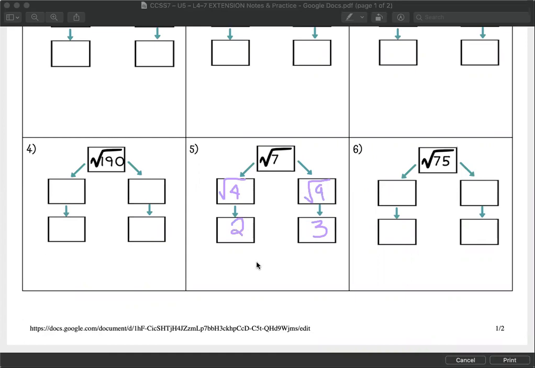So we know that our whole number value is 2. The halfway point between 4 and 9 is 6.5. So 7 is just slightly more than that, just barely. So I'm going to guess around 2.6.